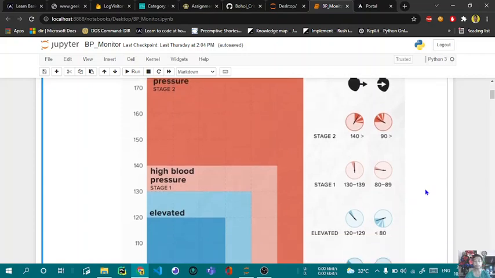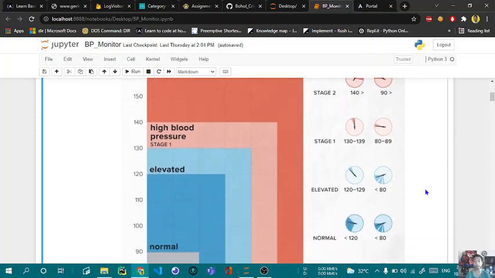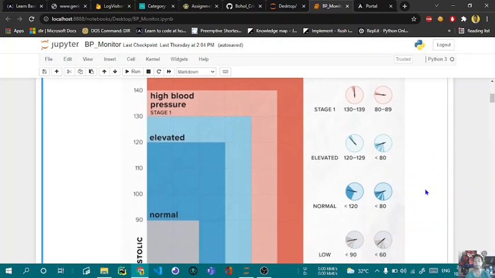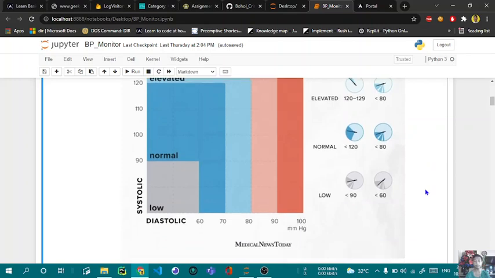Next is elevated: 120 to 129 systolic, with diastolic lesser than 80. Then normal blood pressure is lesser than 120 systolic and lesser than 80 diastolic. Low blood pressure is lesser than 90 and lesser than 60.